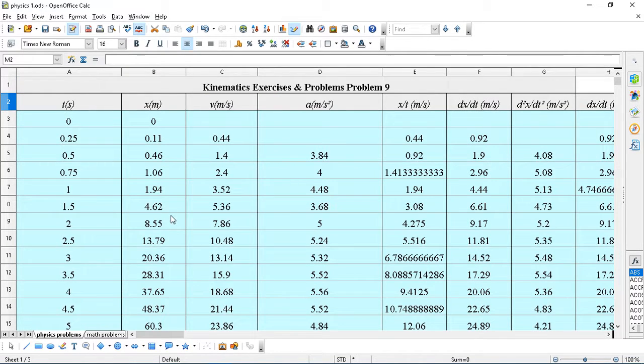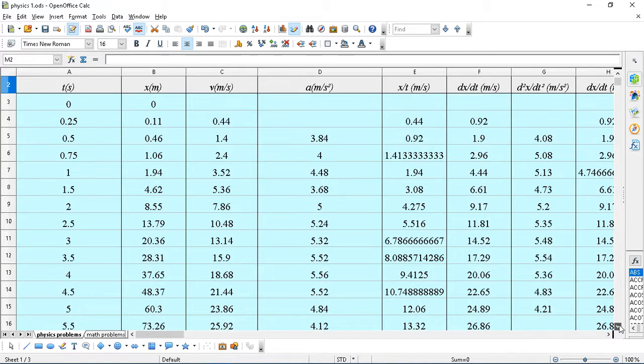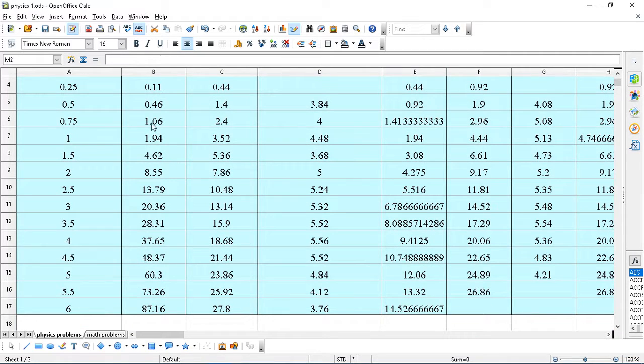Okay. Well, more accurate values could be obtained, of course, if the data set were to be better than what is presented here.